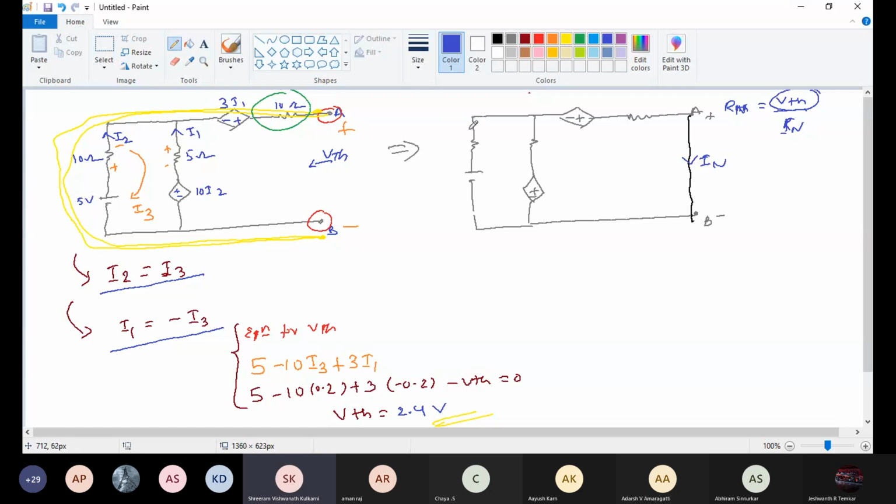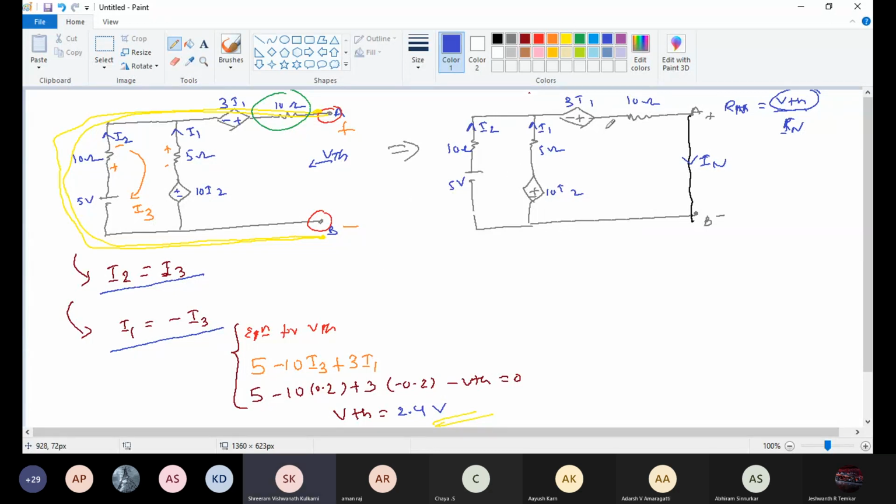Here it's given as I2, this is I1, 10 ohm, 5 ohm, 10 I2, 5 ohm, 3 I1 and 10 ohm.